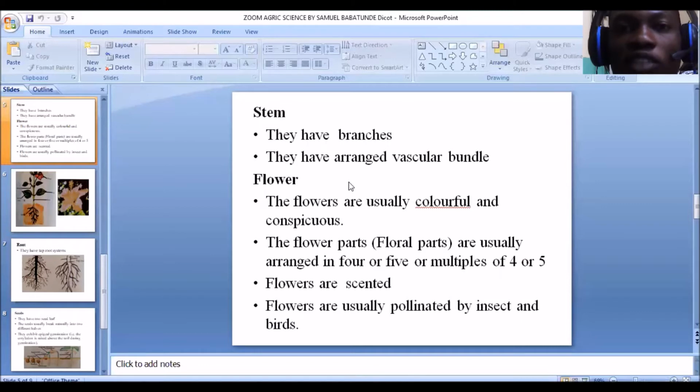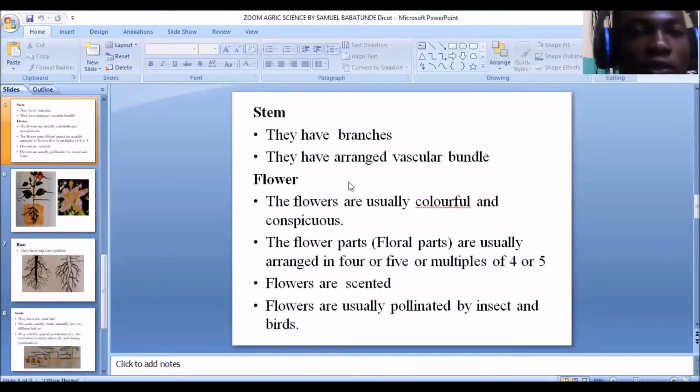But the phloem is responsible for the translocation of food manufactured by the plants through the leaf, from the leaf to various parts of the plant for storage or for consumption. So therefore, the vascular bundles, this xylem and phloem present in a dicot plant are well arranged. But in a monocot plant, they are scattered.